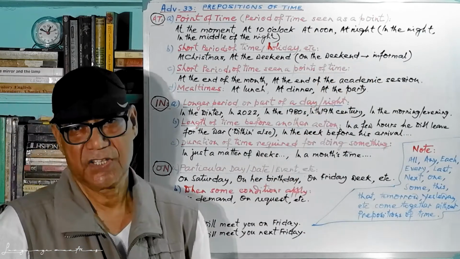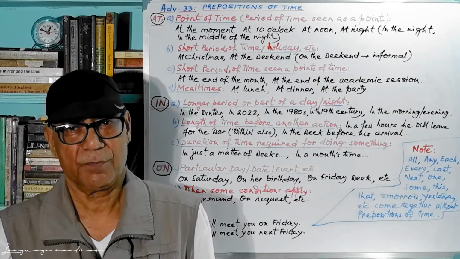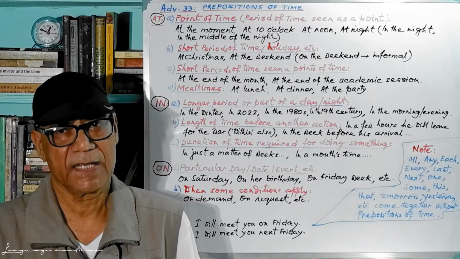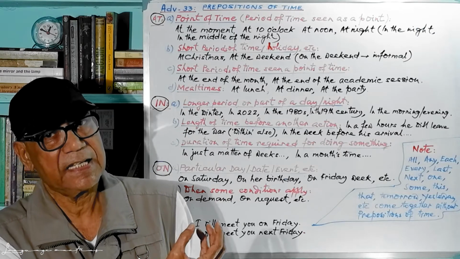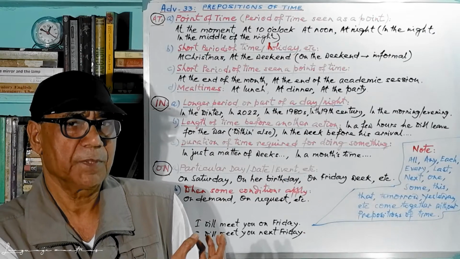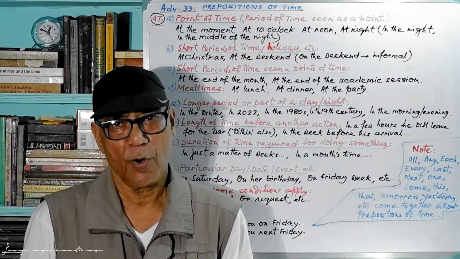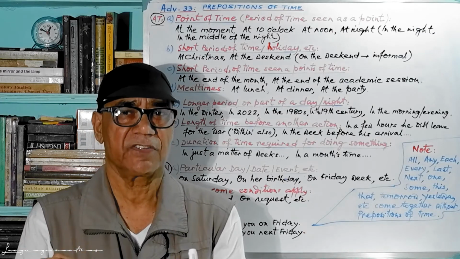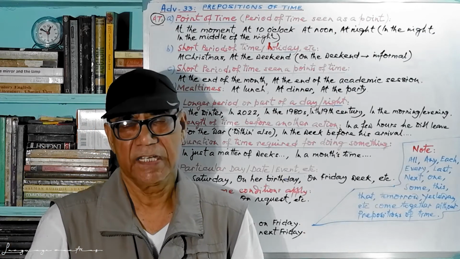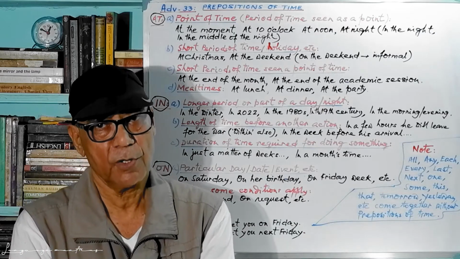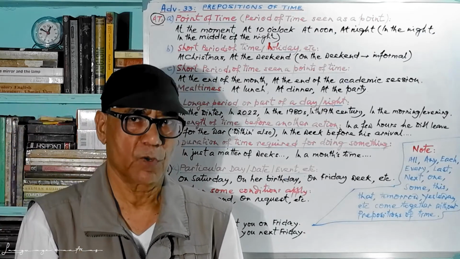But at night, this is not very specific, but in spite of that, you can treat it as an exception. It is always at night when you speak of a night in a very general sense. It may be tonight, it may be the night tomorrow, or it may be any night whatsoever.